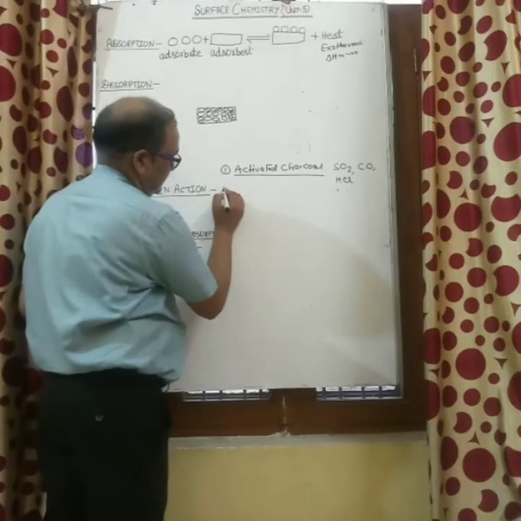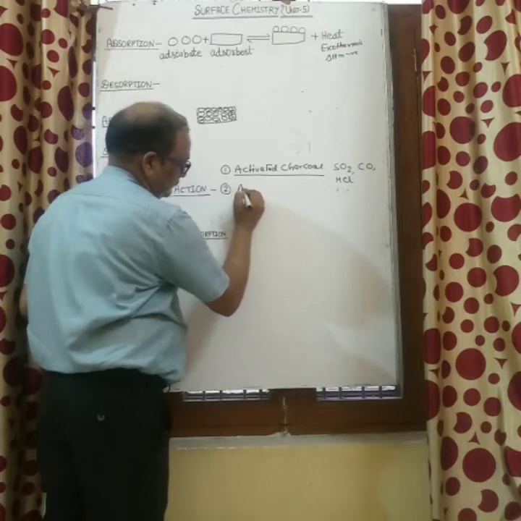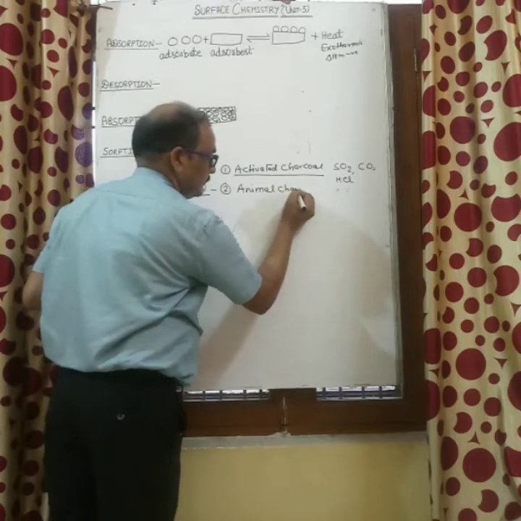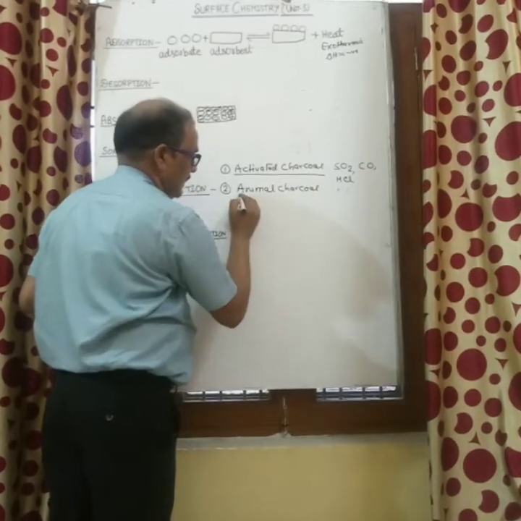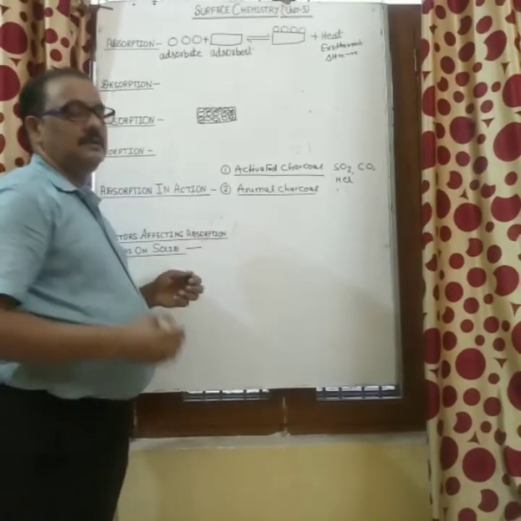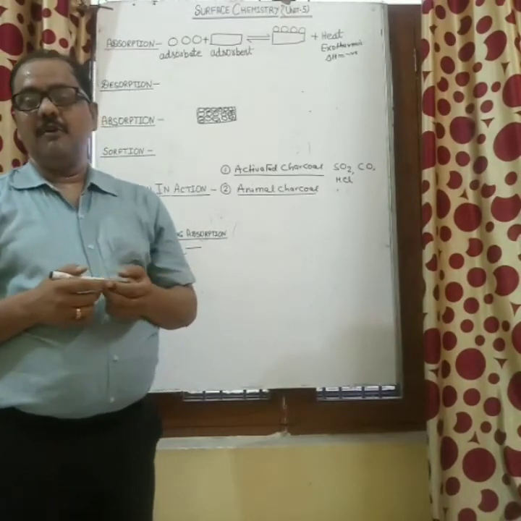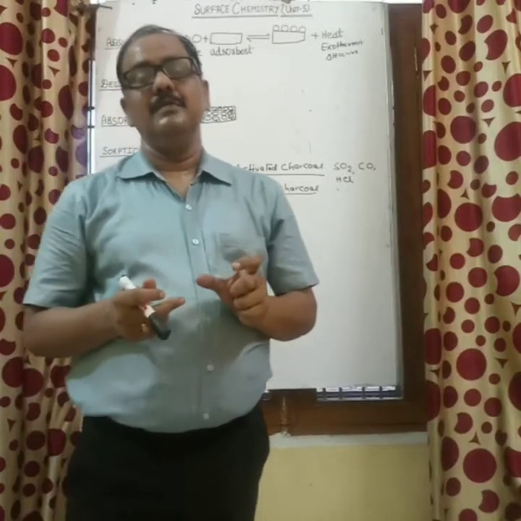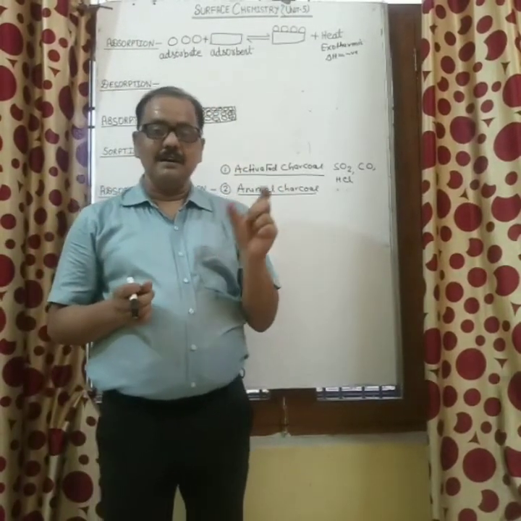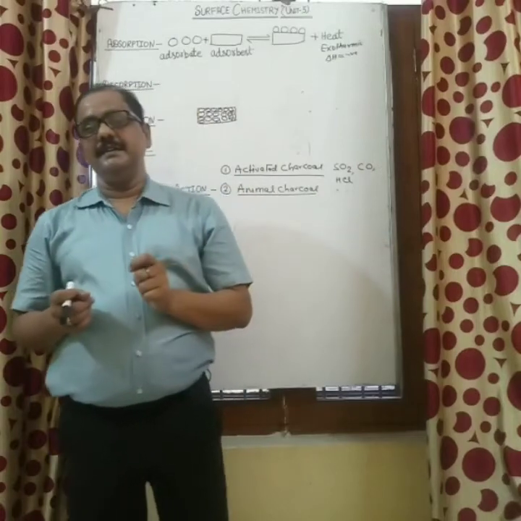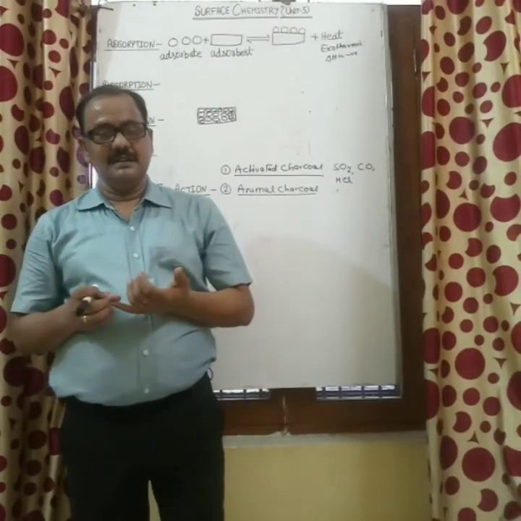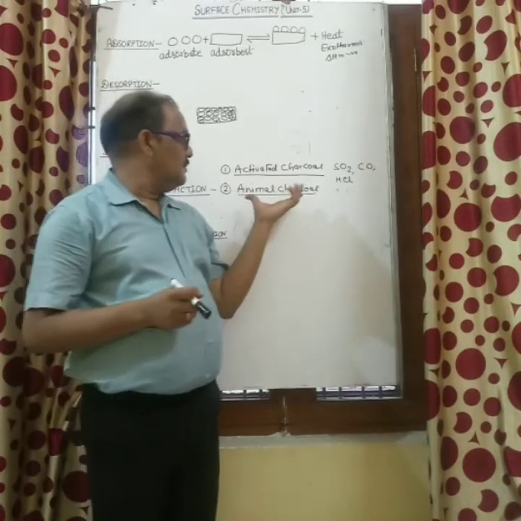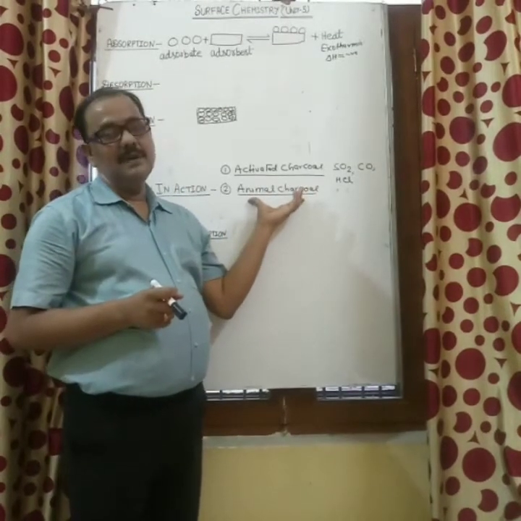And the next is animal charcoal. Animal charcoal is used for decolorization. It means it is used to remove color from coloring substances, and especially in the sugar industry, the brown color of the sugar is removed by using animal charcoal.